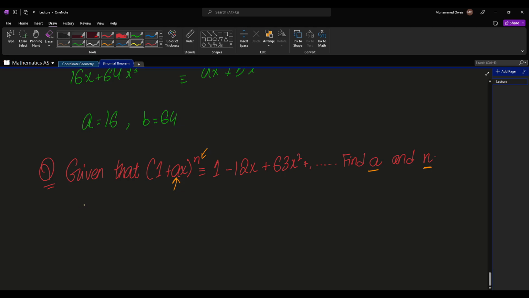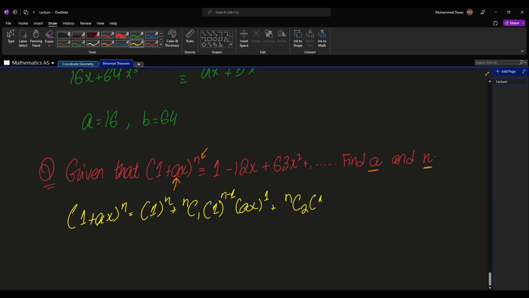So what we need to do is write (1 plus ax) power n, and this gives us 1 power n plus nC1 into 1 power n minus 1, and this is ax, b is ax, it has a power of 1, plus nC2 into 1 power n minus 2 into (ax) squared, right? Because ax is b and the power of b, r, is 2.